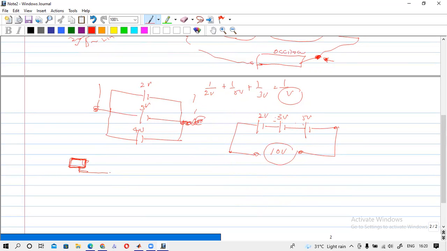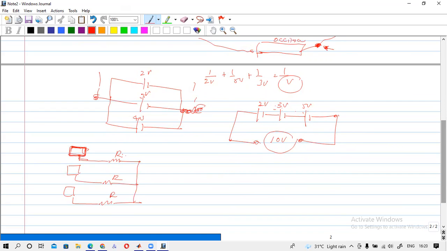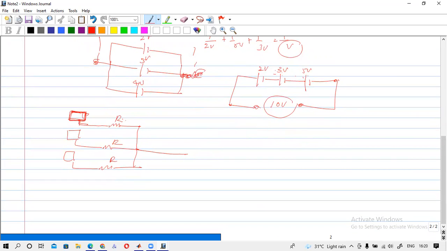If you connect the first one to a resistor, and the second one to the same resistor, and the third also connected with a resistor, then you can add these three and send it to another R, the same R, like this. If you get the output here, you will get the added voltage.